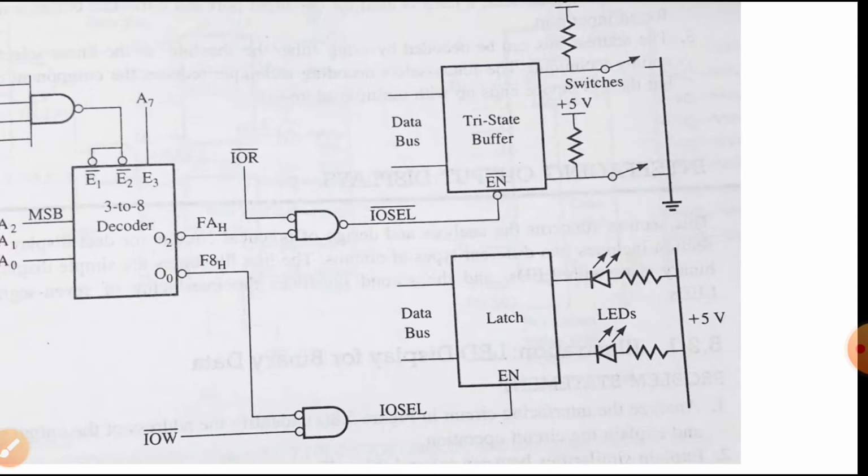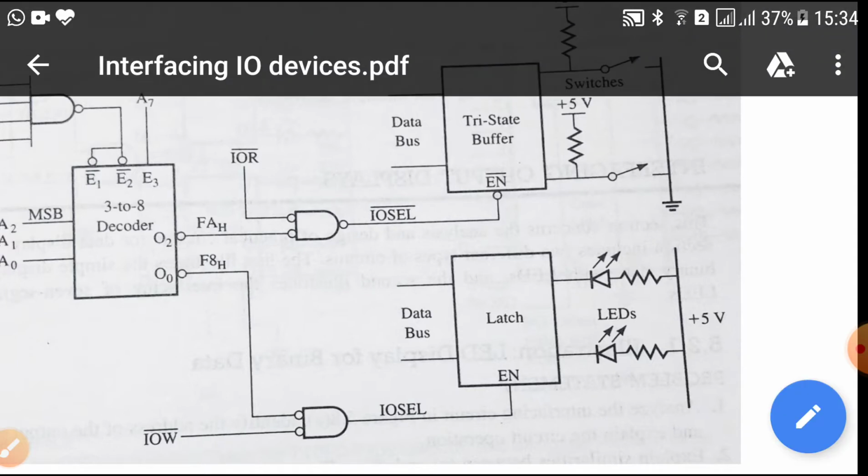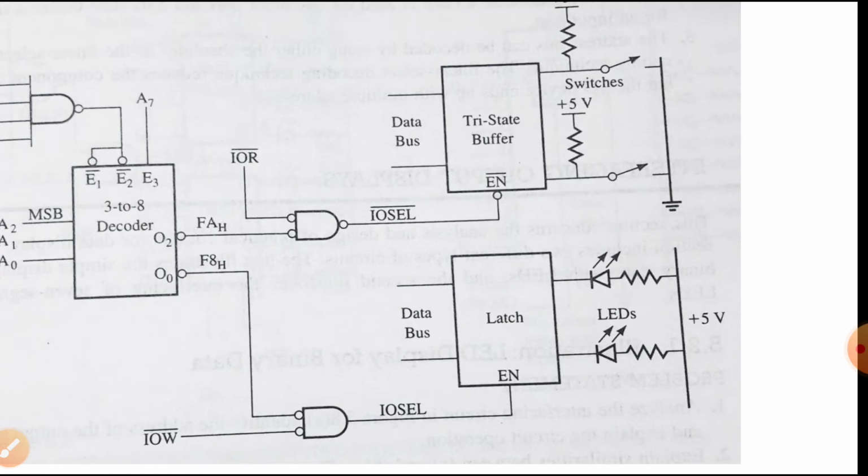Similarly, in the figure you can see that there is also a NAND gate in which O2 of the 3 to 8 decoder is connected as input along with IOR, which again generates an input output select pulse, that is IOSCL. So both the gates are generating select pulses. The one below is generating the select pulse for the output device, and the one above is generating it for the input device.